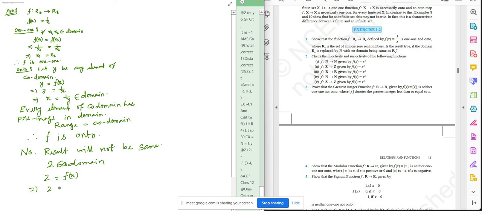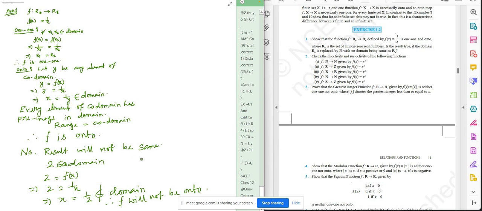So 2 equals 1 by x, so x equals 1 by 2, which does not belong to domain. Therefore f will not be onto.